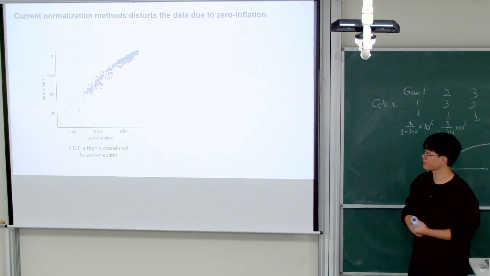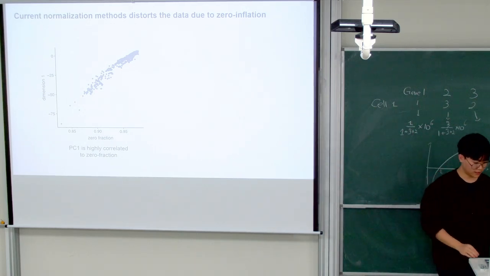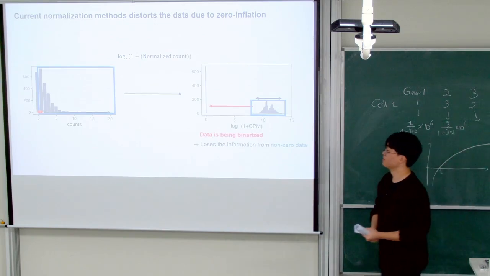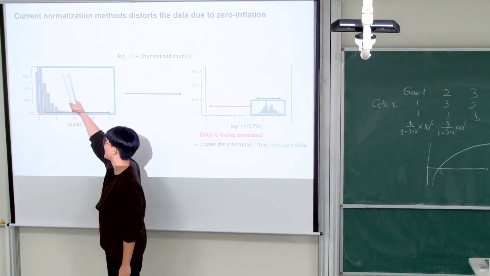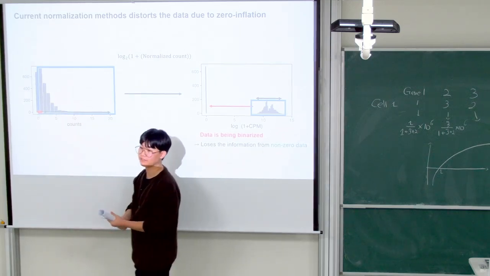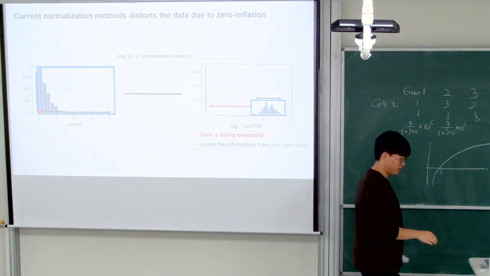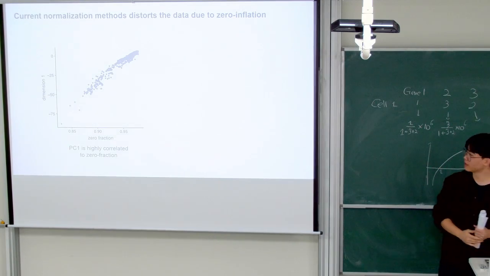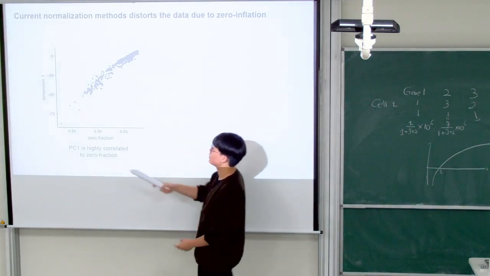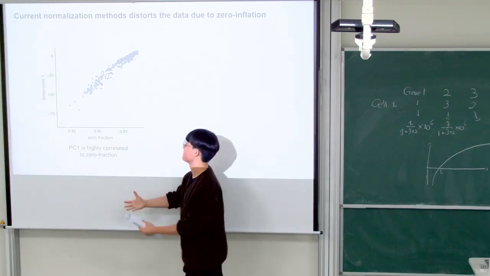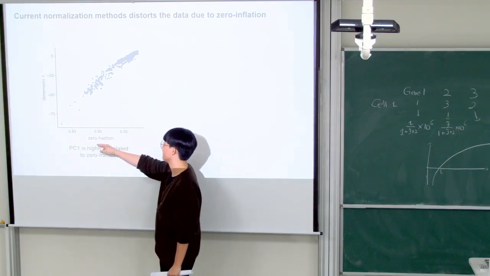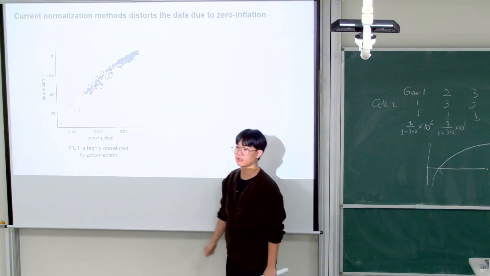So what is zero fraction? Zero fraction means how large a fraction of the original data is 0. When we apply PCA, the PC1, the most relevant dimension, is highly correlated to zero fractions.